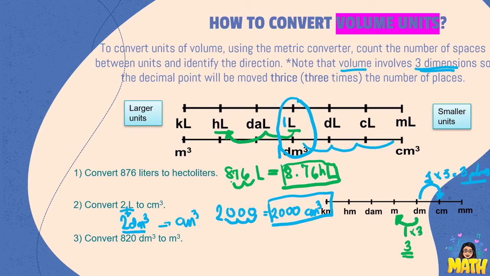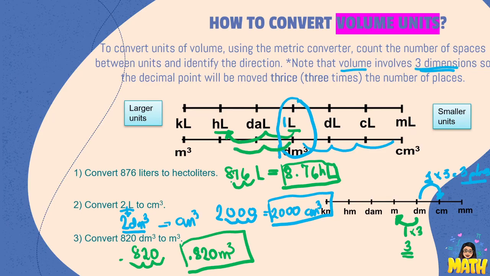From 820, we move it to the left 3 times: 1, 2, 3. It will become 0.82 or 0.820 cubic meters. So we can still use this. 1, 2, 3. So that's how we convert volume units.